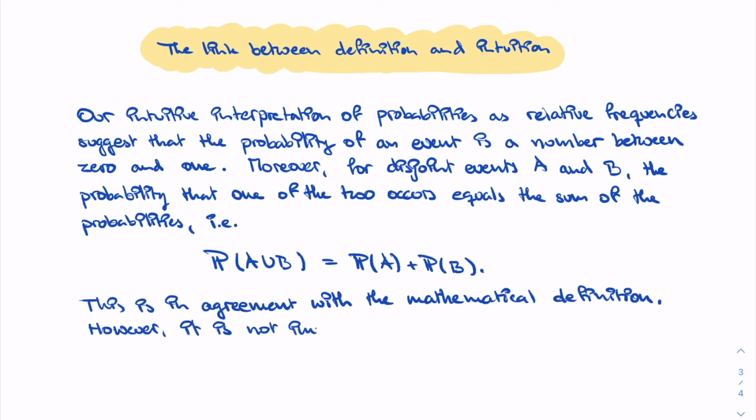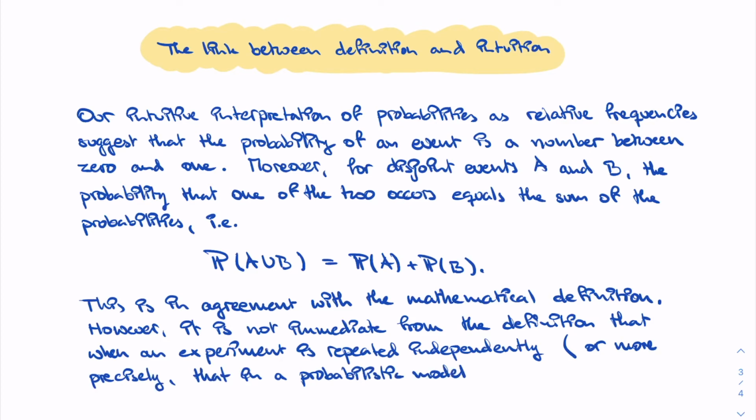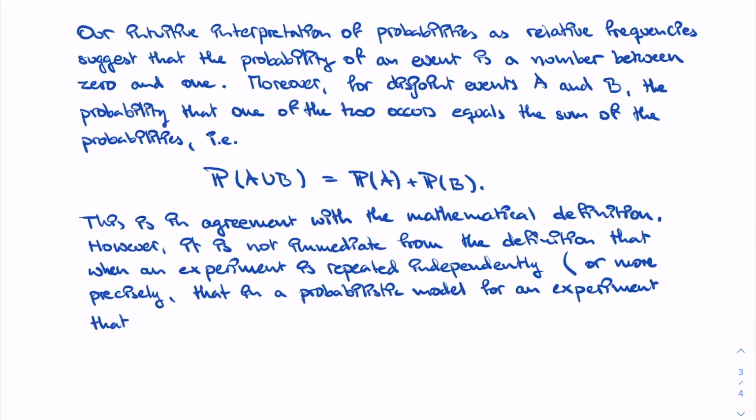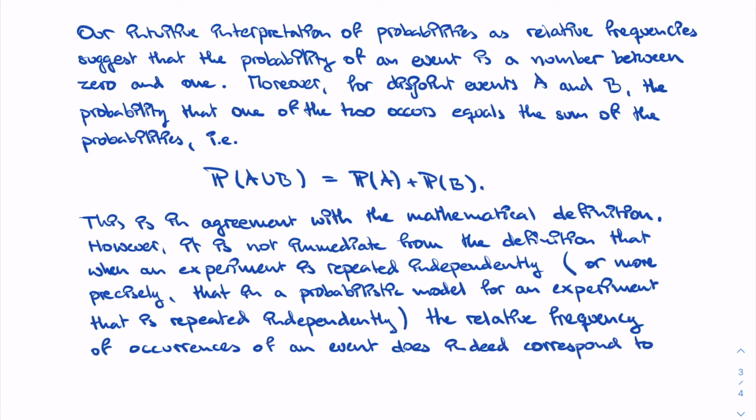However, it is not immediate from the definition that in a probabilistic model for an experiment that is repeated independently, the relative frequency of occurrences of an event does indeed correspond to the probability of that event.